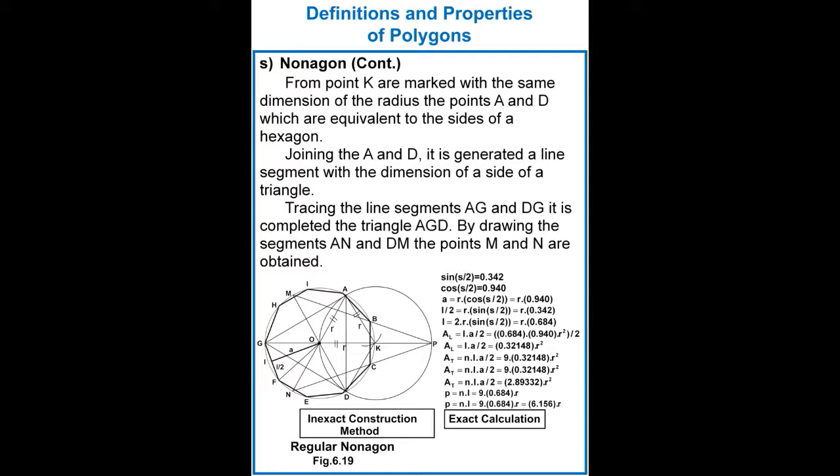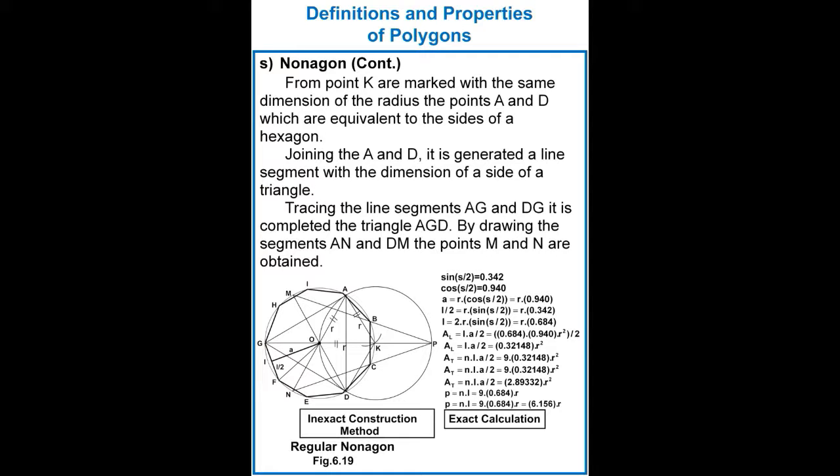In this slide, the construction of the regular polygon Nonagon that has 9 sides is continued. Figure 6.19 is represented. At the intersection of the circumference with center at the point K with the original circumference, the points A and D are determined.